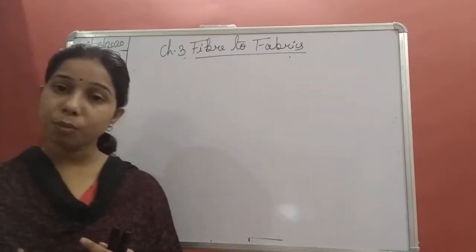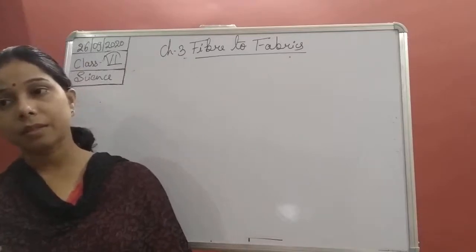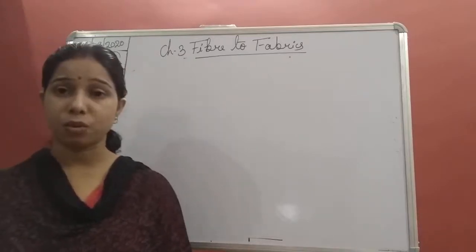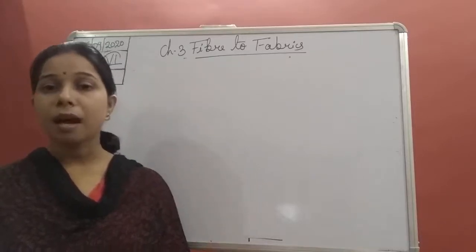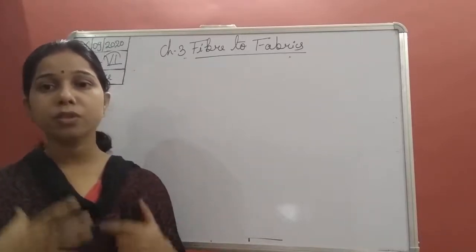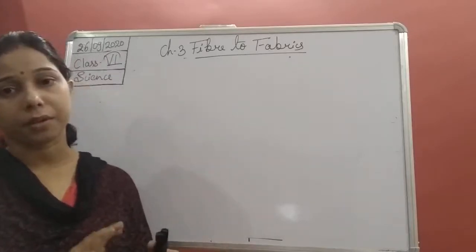Second, in the case of the jute plant, it is ready for harvesting when it is at the flowering stage. We harvest the jute plant, collect it and immerse it in water.